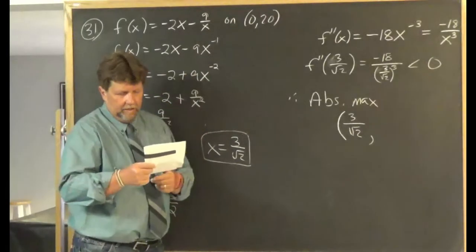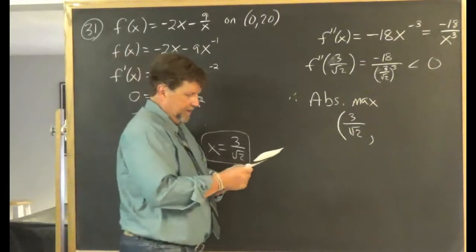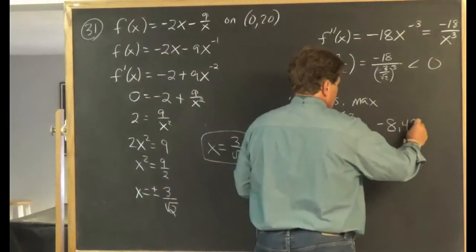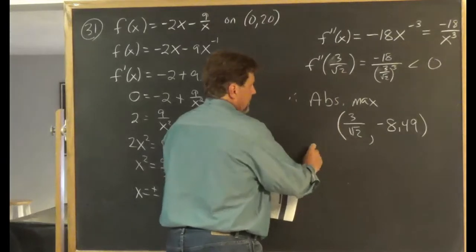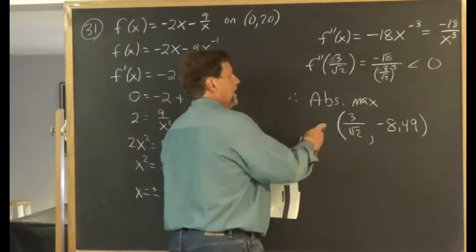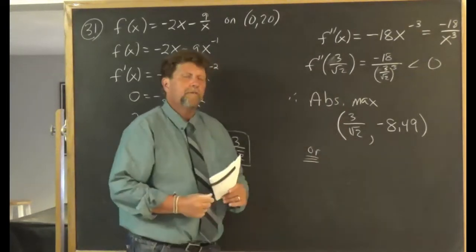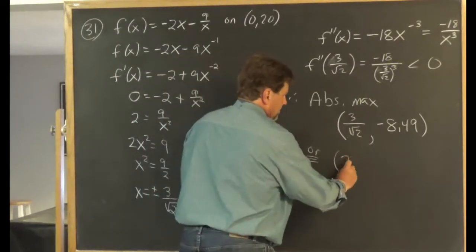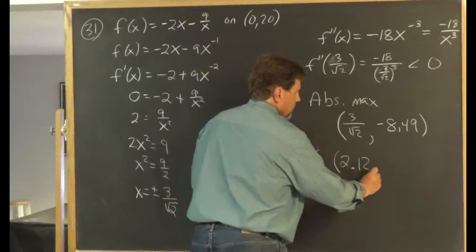And I used my calculator and I got the decimal approximation of negative 8.49. In fact, if you had the decimal approximation for 3 over square root 2, I'd be okay with that because that's a 2.12.